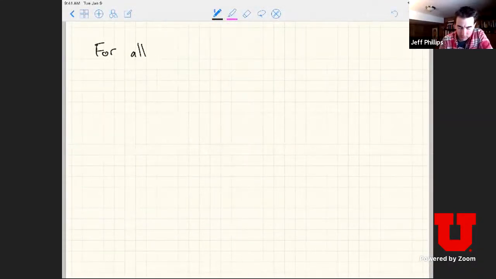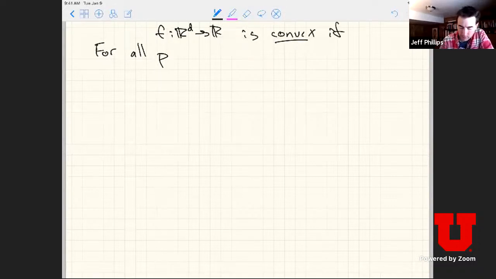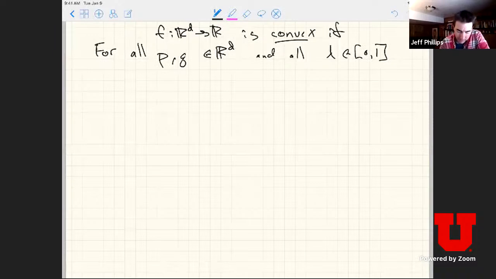So, let's just start out by saying f: R^d to R is convex if for all p, q in R^d and all lambda in real numbers between 0 and 1, I'm going to have that f of lambda p plus (1 minus lambda) q.